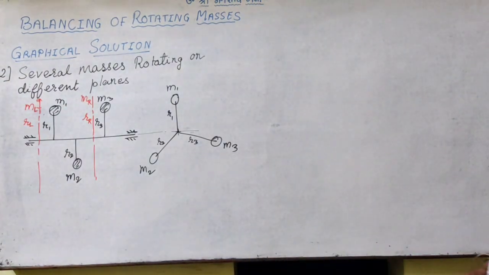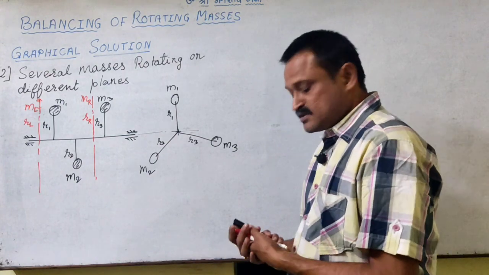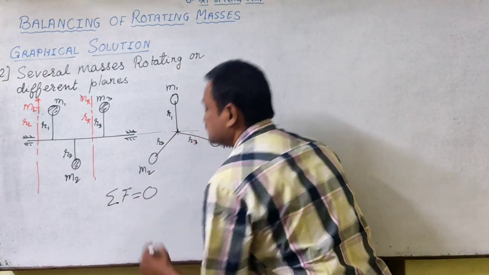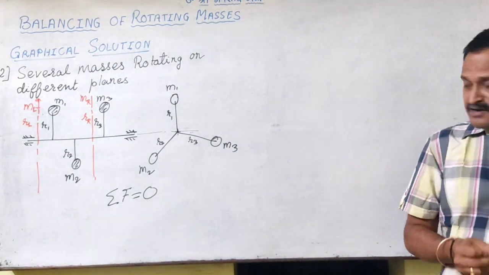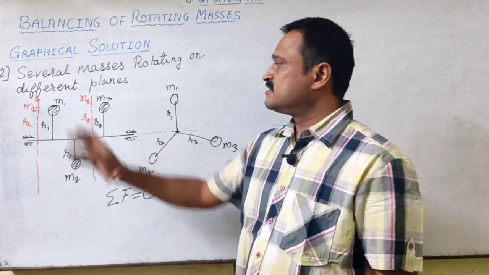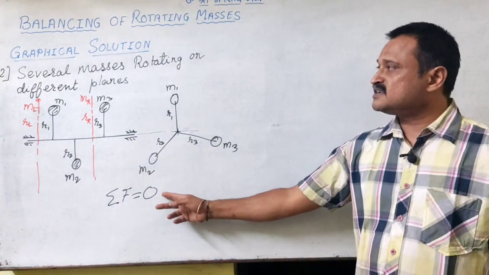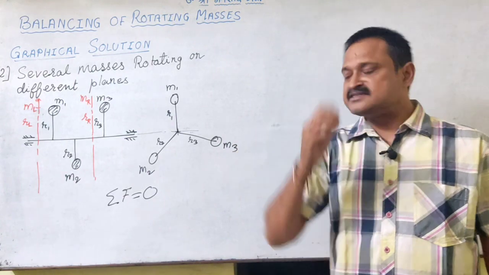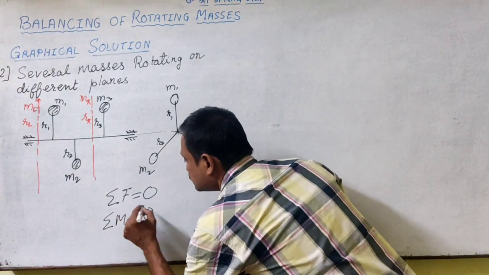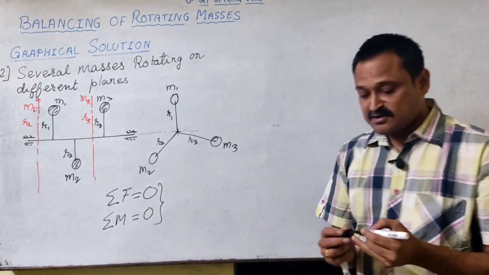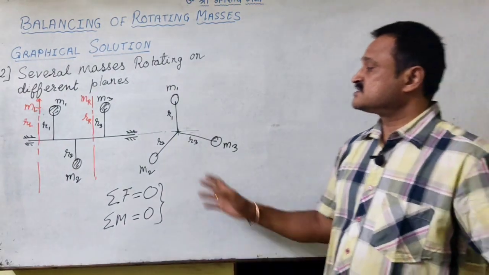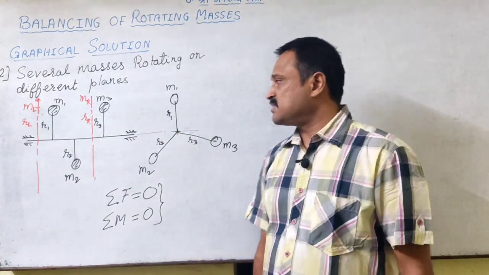So in this case again, we know that for dynamic balancing the summation of forces must be 0. Now as these masses are separated, so of course here only this condition is not going to balance the entire system. So as well we have to ensure that the summation of moments also comes out to be 0, so that the system is completely balanced.